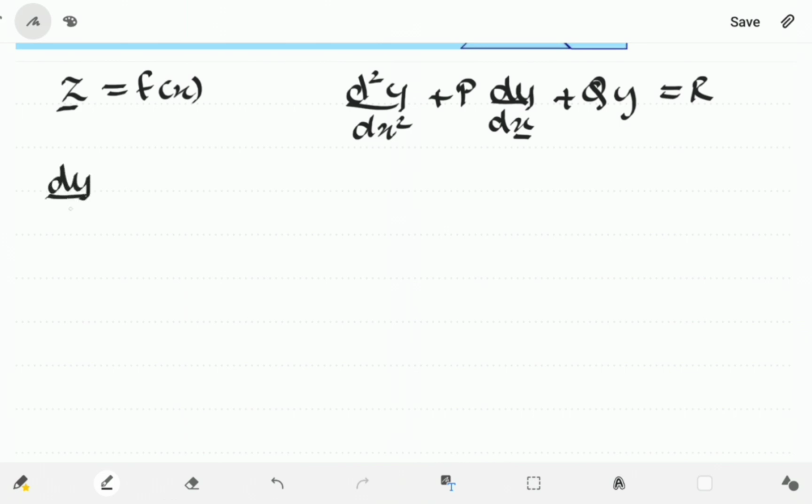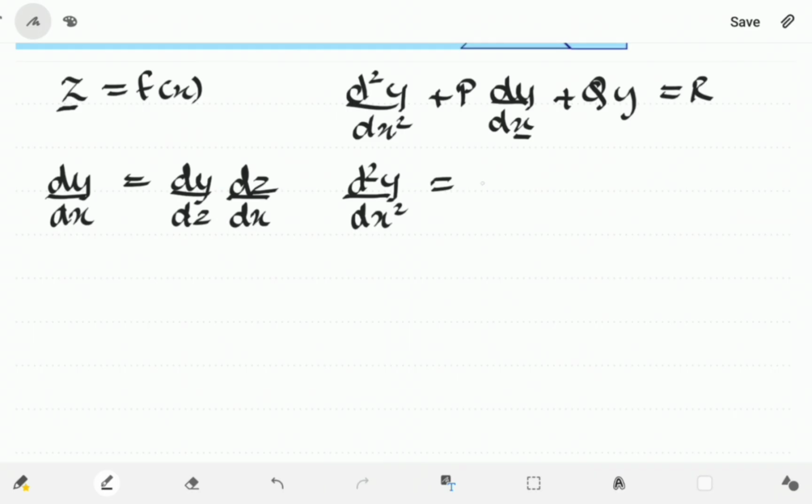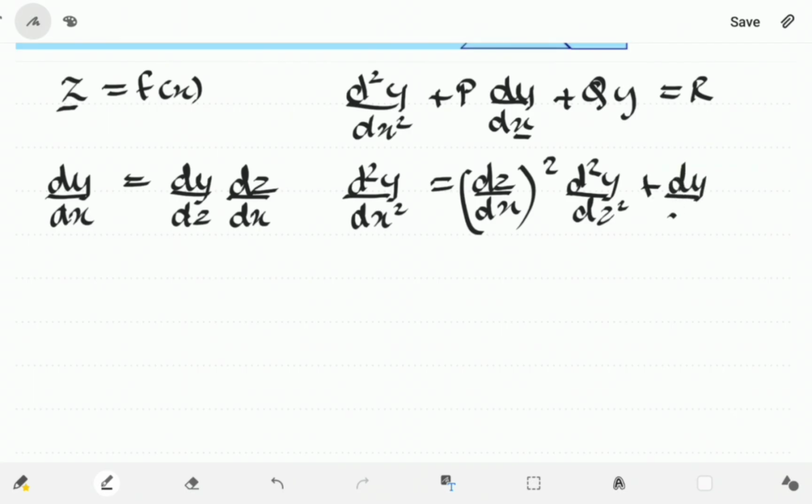So dy by dx becomes dy by dz into dz by dx. Similarly, d squared y by dx squared becomes dz by dx the whole squared into d squared y by dz squared plus dy by dz into d squared z by dx squared.